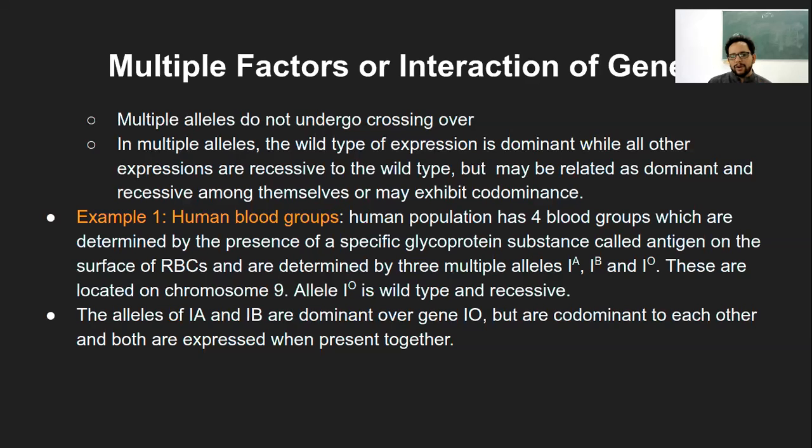These are located on chromosome 9. So the blood group system is regulated from chromosome 9, where all these 3 alleles are present.